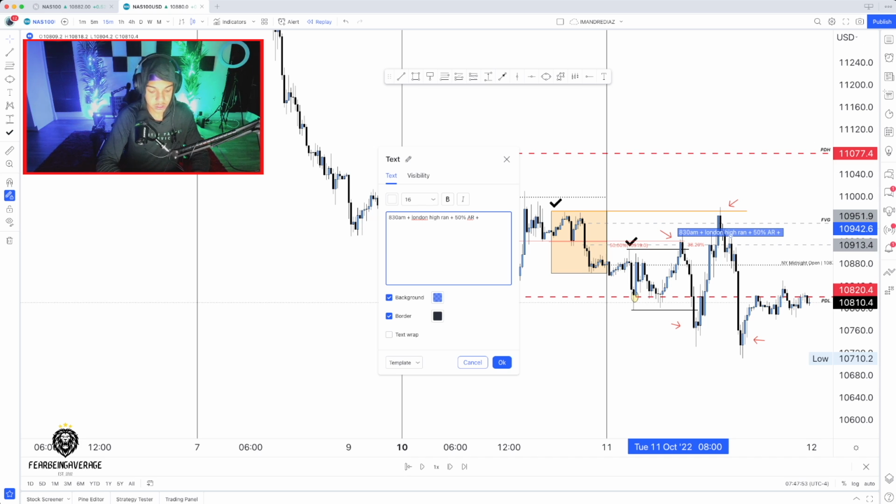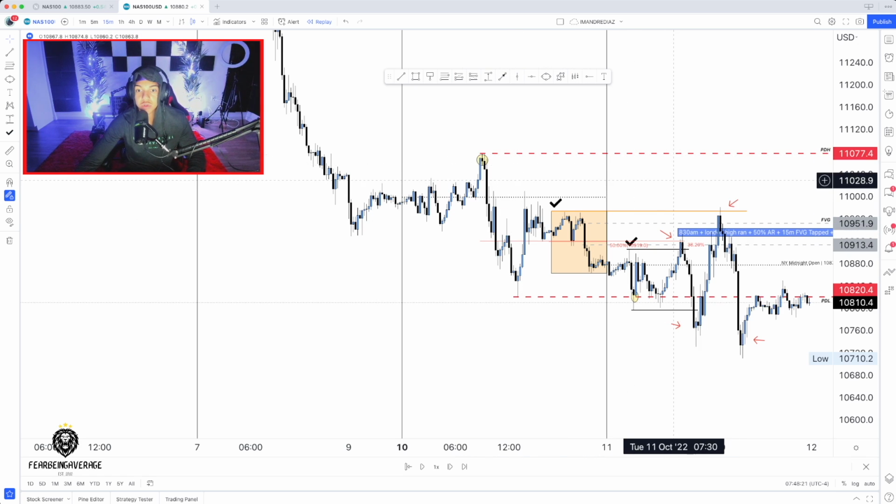We also had a 15-minute fair value gap tapped into, and then we also had the fib 38.20% rejection, along with what else do we have? And I'm going to say 10,900 big figure level. And I'm going to leave that as the confirmations for right now, just considering there were so many.